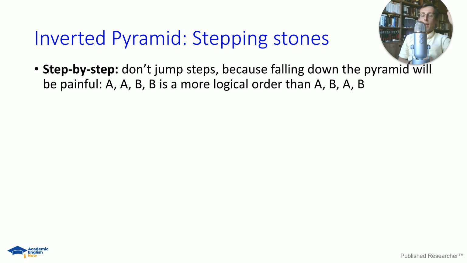If you have one idea A, discuss it fully, be it in a paragraph or maybe 2 or 3 paragraphs, depending how long you need, and then go to idea B, and then discuss idea B fully, and then go to idea C. Okay, that's how it works. Don't go like A, B, C, B, A, because that's just confusing.